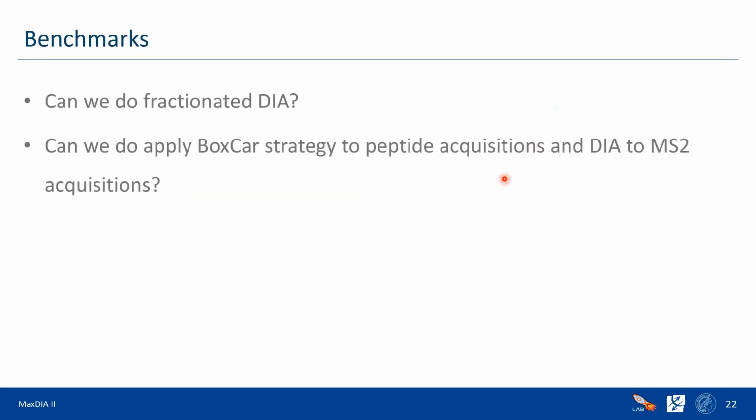Cool. So now we can ask a few questions, which arise very naturally. First of all, maybe you remember Christoph was describing the MaxLFQ algorithm on DDA on fractionated samples.